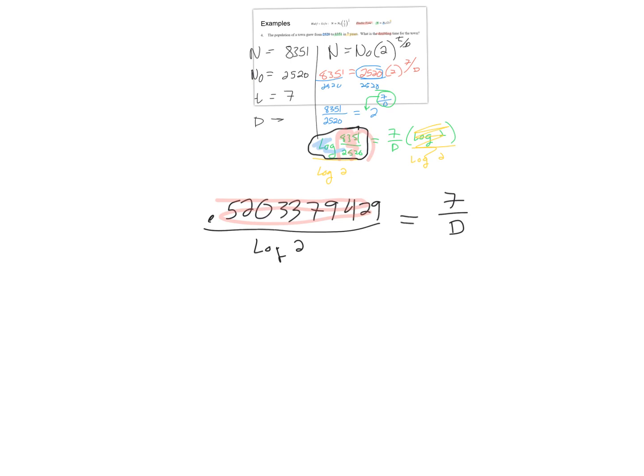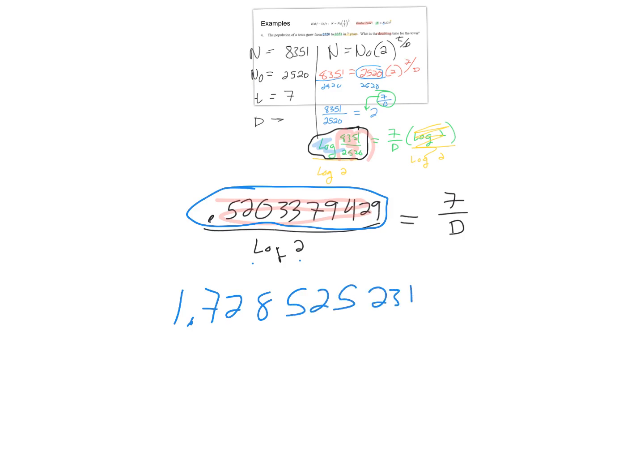So in my calculator, this thing is already still here, so I'm just going to hit divided by. Now again, if you have the backwards calculator, you have to do 2, then log, and equals. But if you have an advanced scientific calculator, or a graphing calculator, all you have to do is divide and then hit log 2 and equals. And I get this: 1.728525231 is equal to 7 over D.